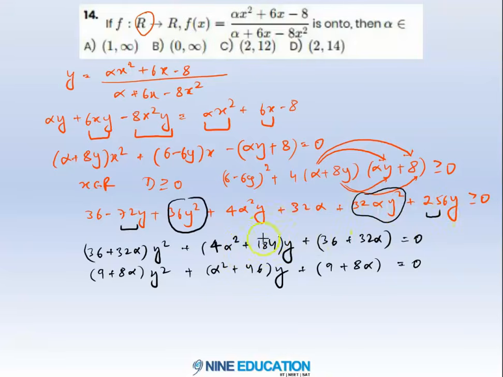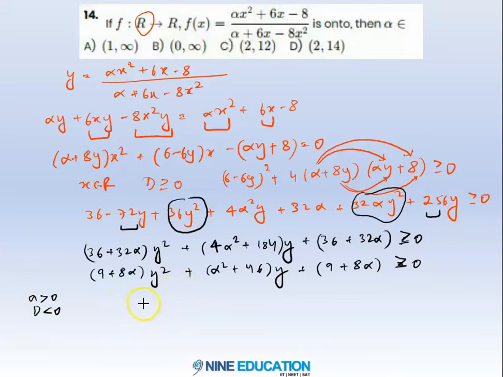So after arranging all the terms in the form of a quadratic in y, we are getting this. For any quadratic to be positive, its leading coefficient must be positive and the D value must be less than 0.